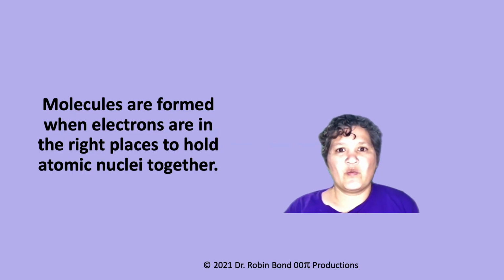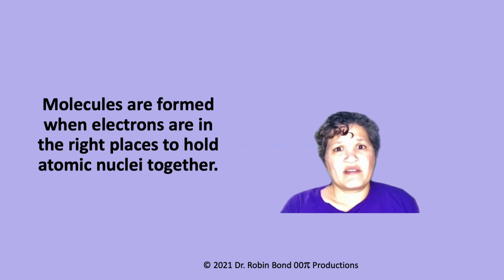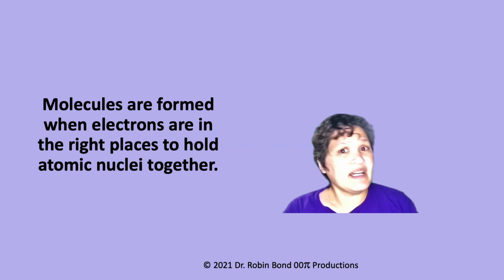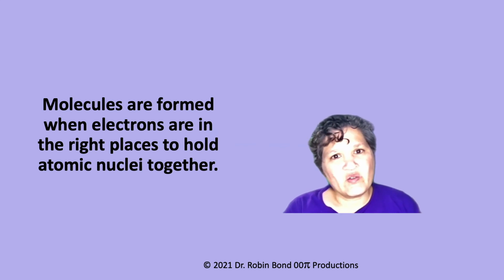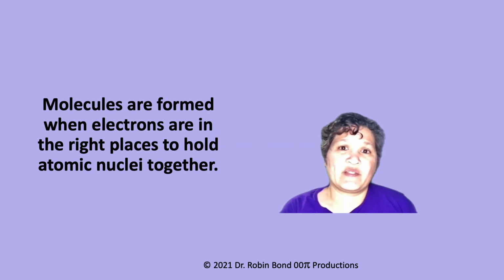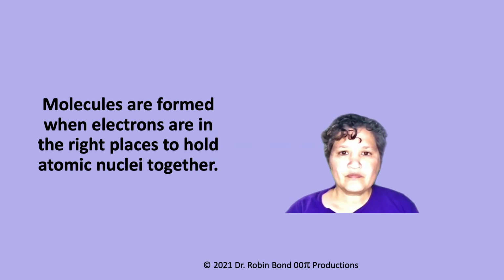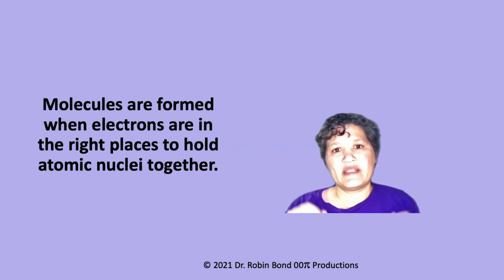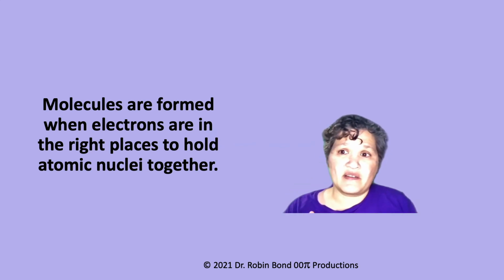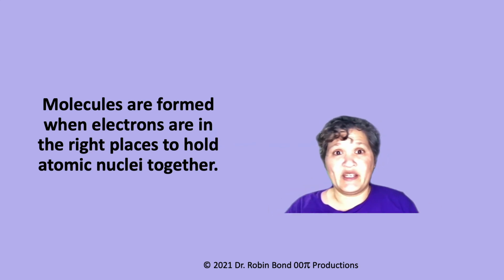Okay, so what does this mean for us overall? We can use electrons to hold the nuclei of atoms together, but that only happens when those electrons are in the correct places. That's the first takeaway. The second is there are optimum distances between two nuclei that you are bonding.